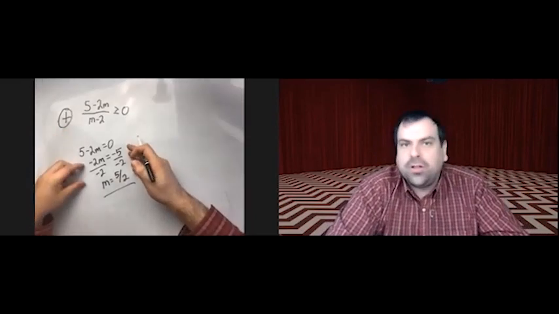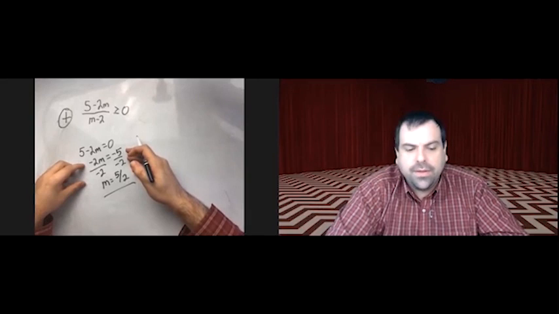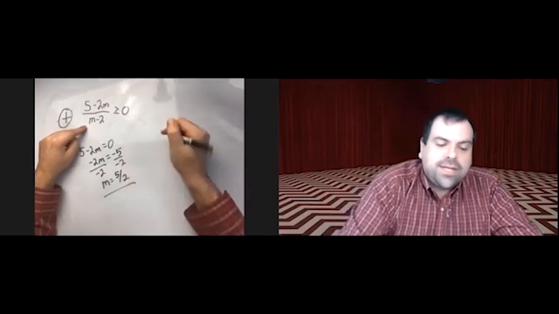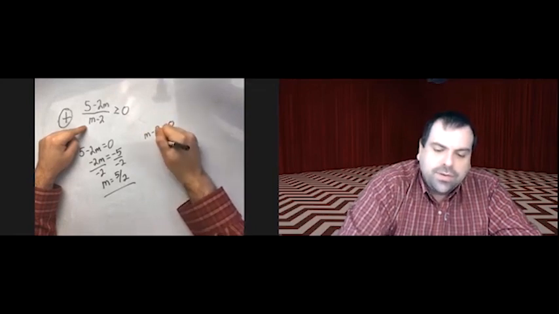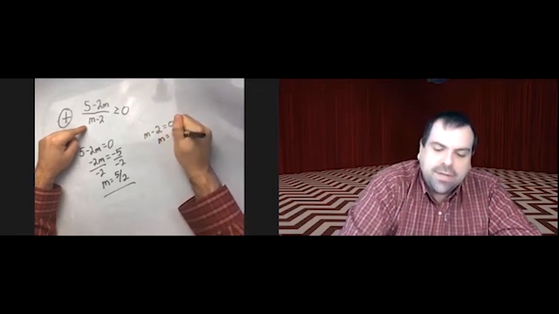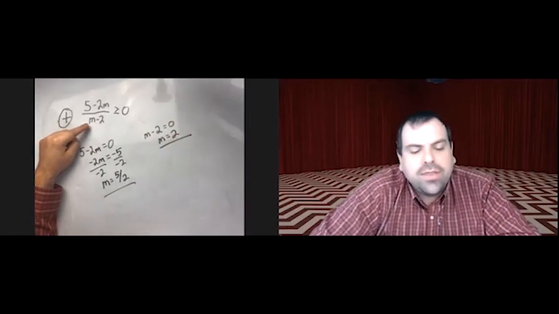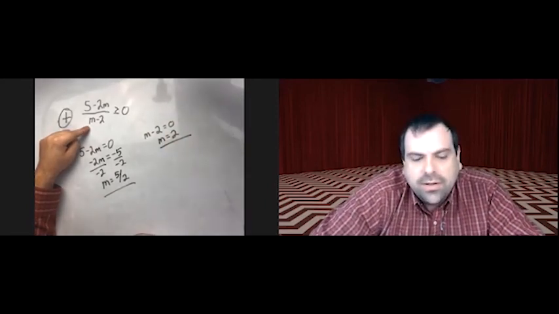Just like the regular polynomial inequality, find the zeros. Here we also need the zero of the bottom. M minus 2 equals 0. Add 2 to both sides, that's m equals 2, but it's on the bottom of a fraction.